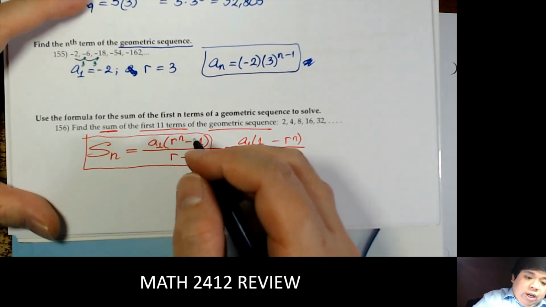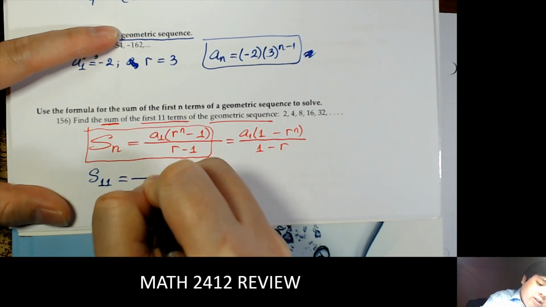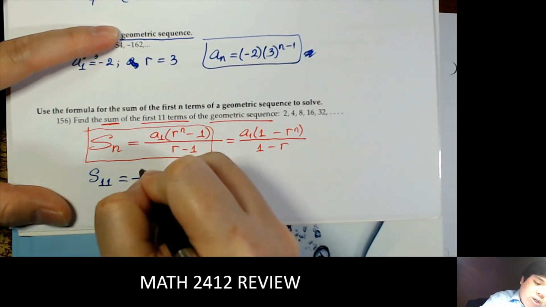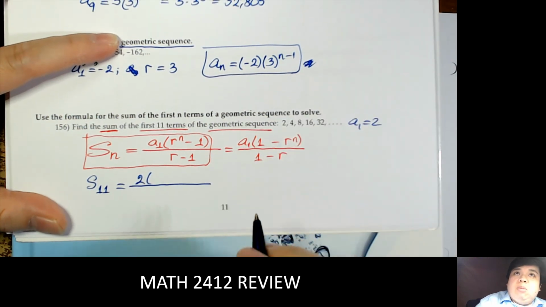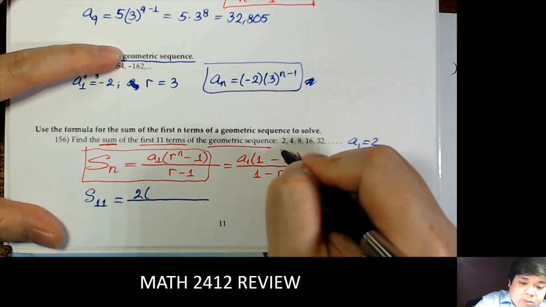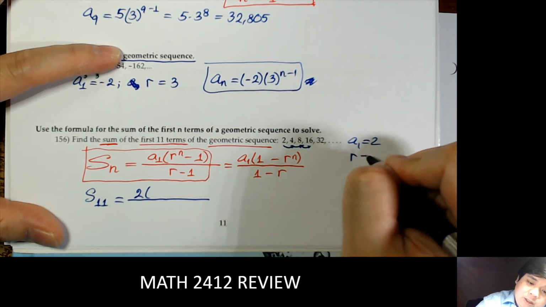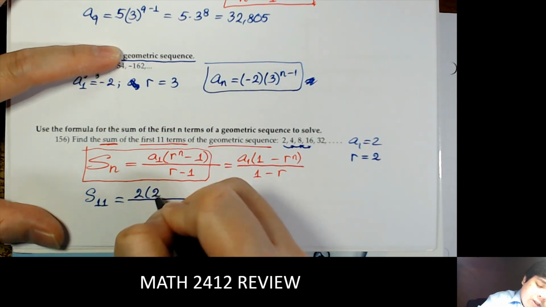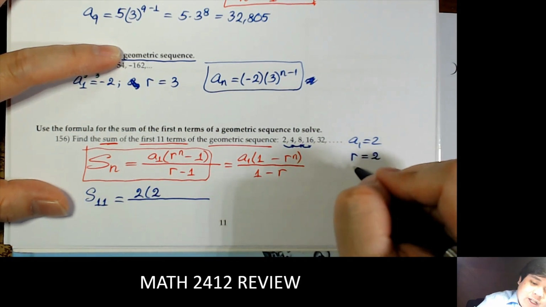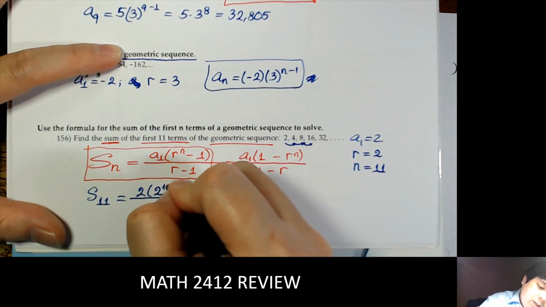Right, so we have 11 terms. So n equals 11. The first term we know is 2. The common ratio, to get from this one to the next, we need to multiply by 2. And n is equal to 11 because we want the sum of the first 11 terms.